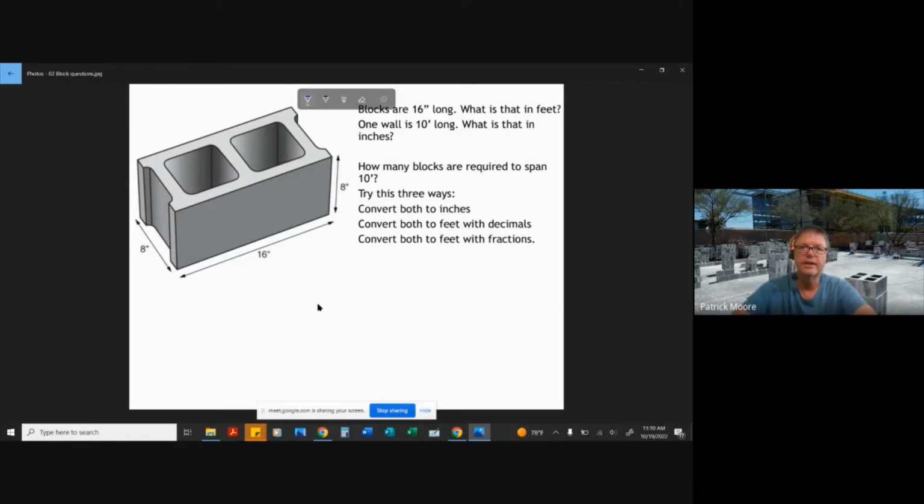Change this area into square feet instead of square inches. There is a way to do that by dividing by how many square inches go into 1 square foot. That would be 144. Let's just talk about that briefly.